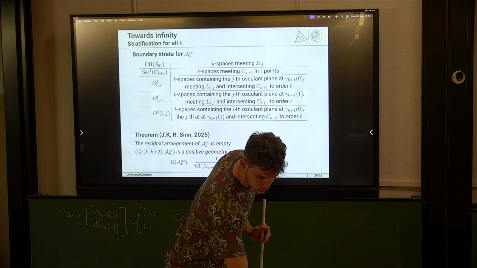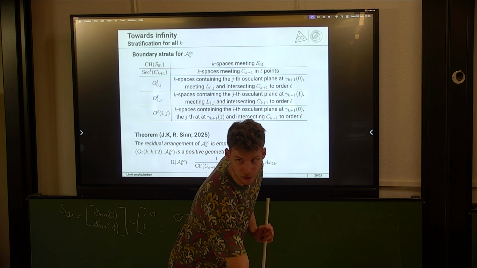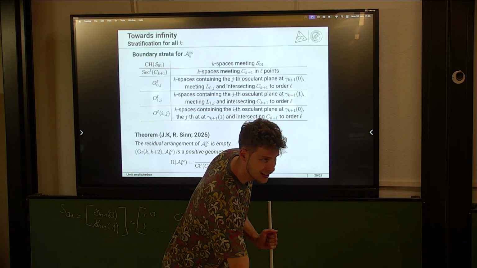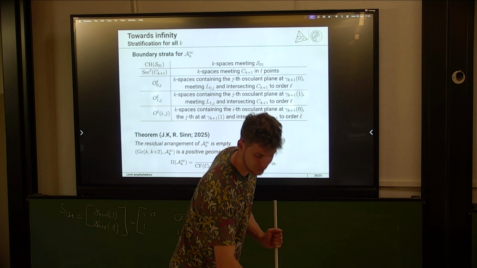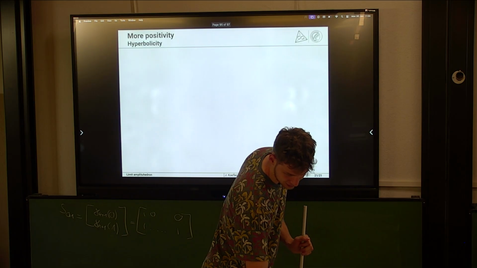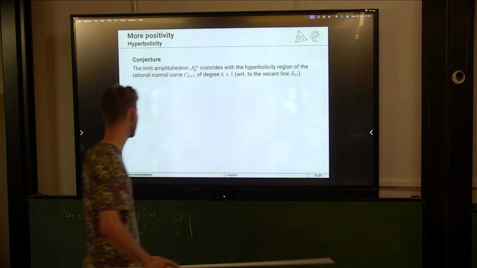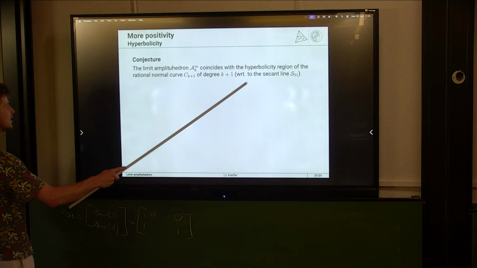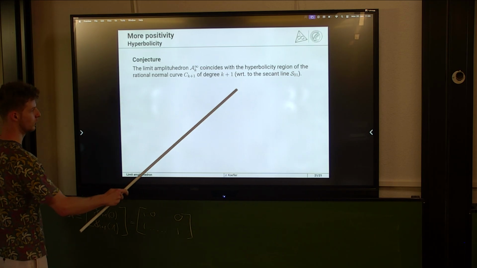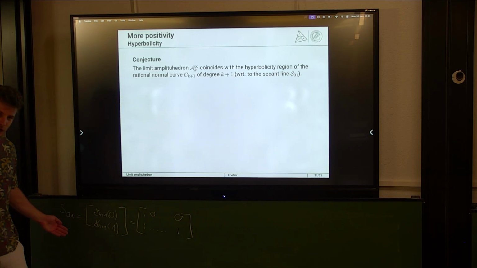And that has to do with hyperbolicity. That is a topic mathematicians have liked very much in the past, and Ian Lear liked a few weeks ago. So the conjecture is as such: the limit Amplituhedron coincides with the hyperbolicity region of the rational normal curve of degree k plus 1 with respect to some secant line that we've chosen.